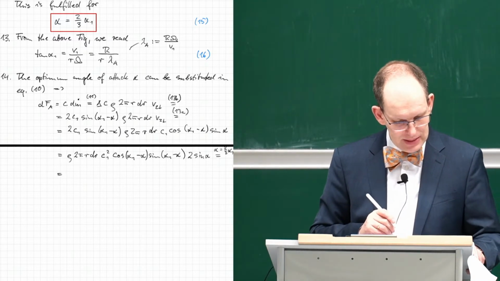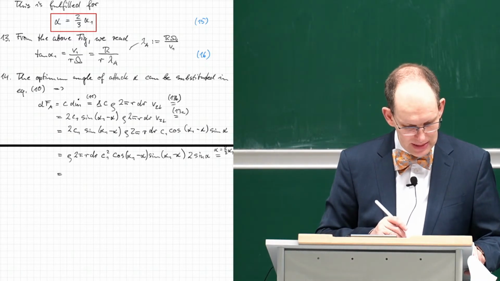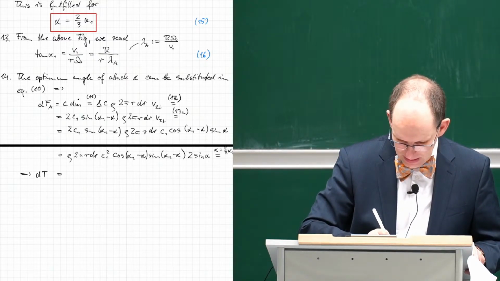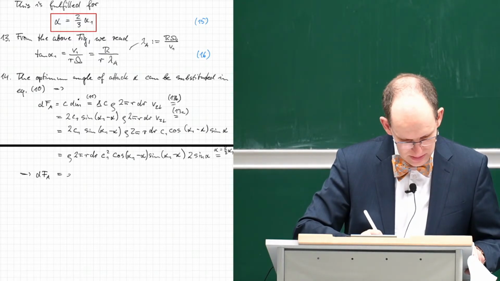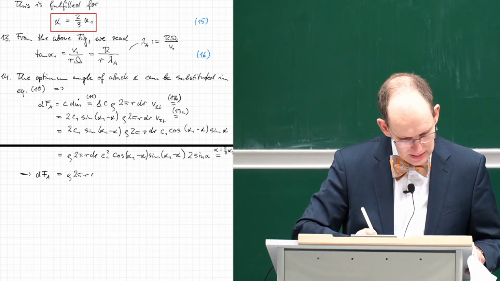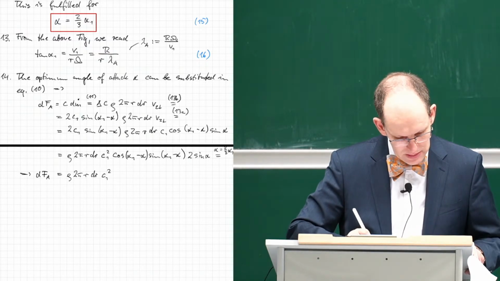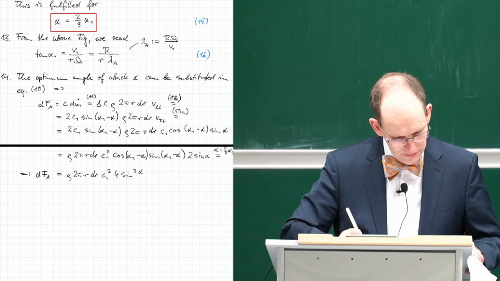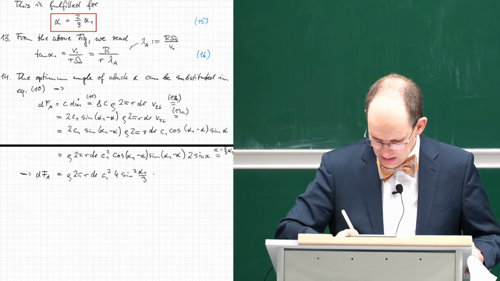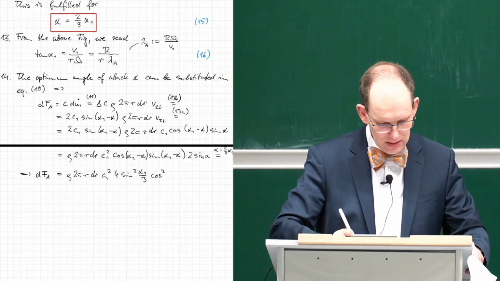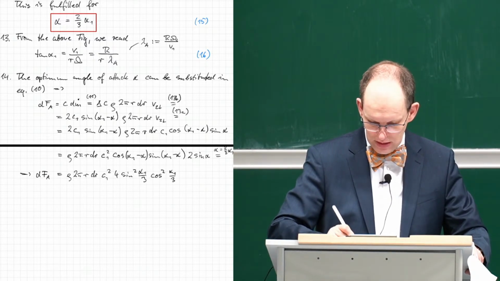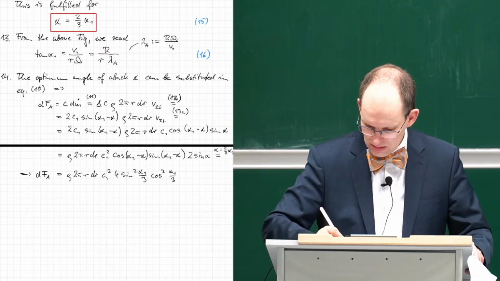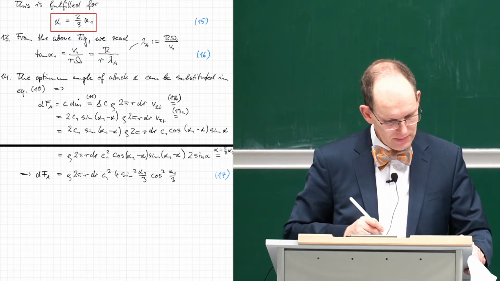And then we see that we get dFA is equal to rho times 2 pi times r times dr C1 squared 4 times sine squared of alpha 1/3 cosine squared of alpha 1/3, and yeah, that's it. Equation 17.